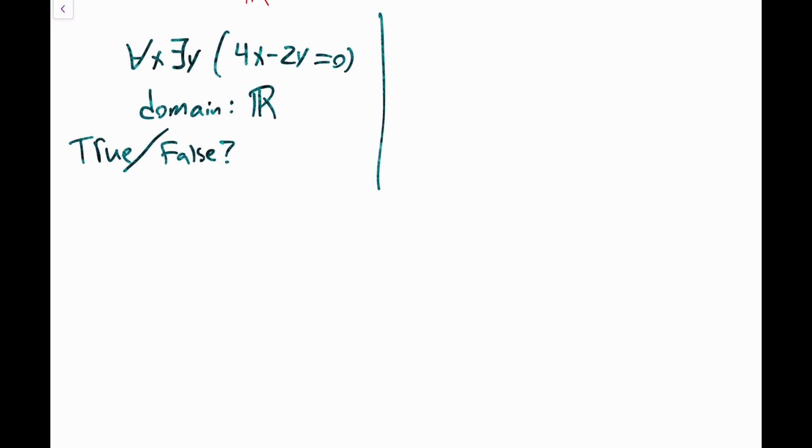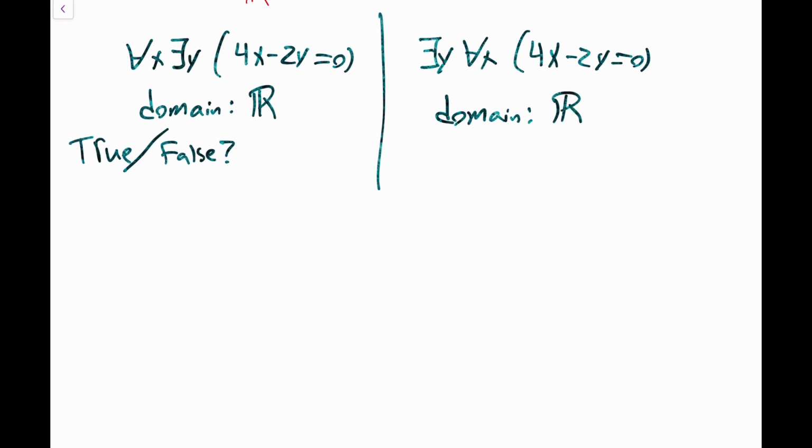And then we'll consider there exists a y such that for all x, 4x minus 2y is equal to 0, where the domain is just the real numbers, and we want to know, is the proposition true or false?